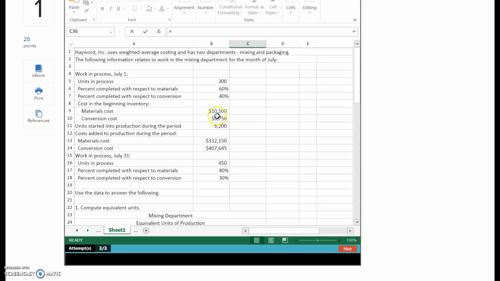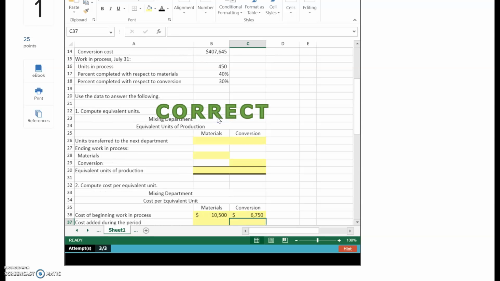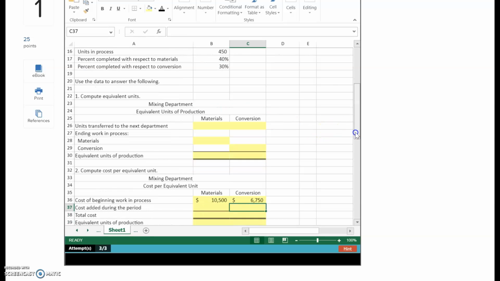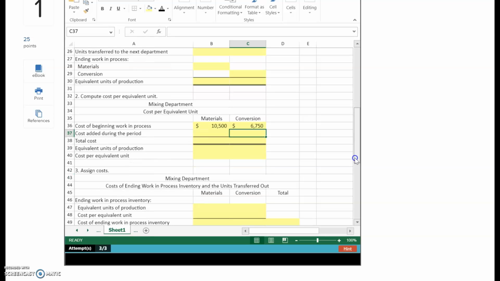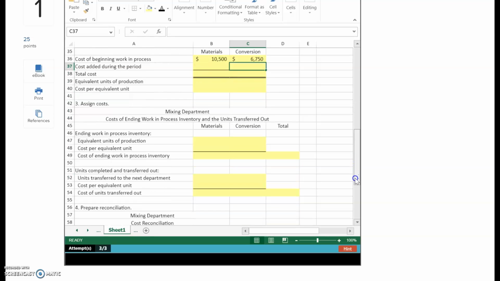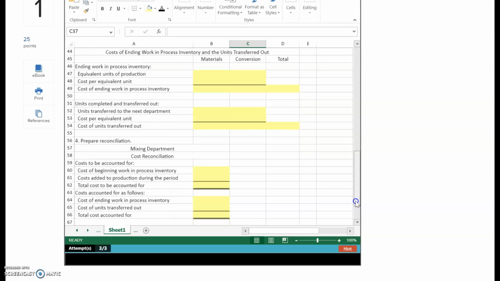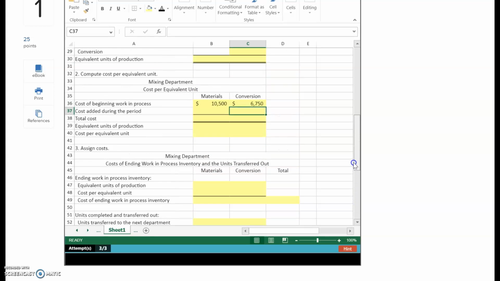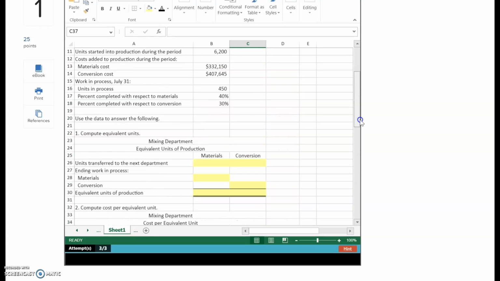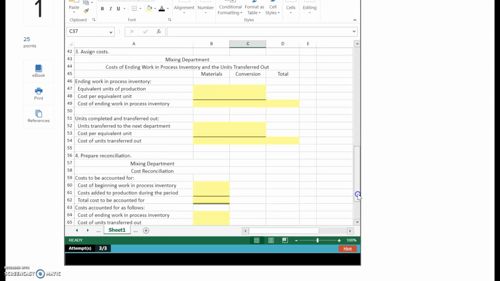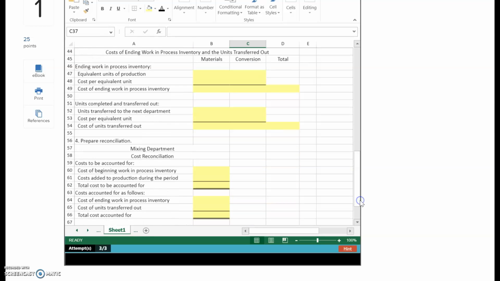You can never type in the number. That's how you bring it down. It'll be one more time doing that 4-step process, fill in all of the items. All these yellow cells need to be completed with formulas, not numbers, formulas. Okay, so good luck with that.